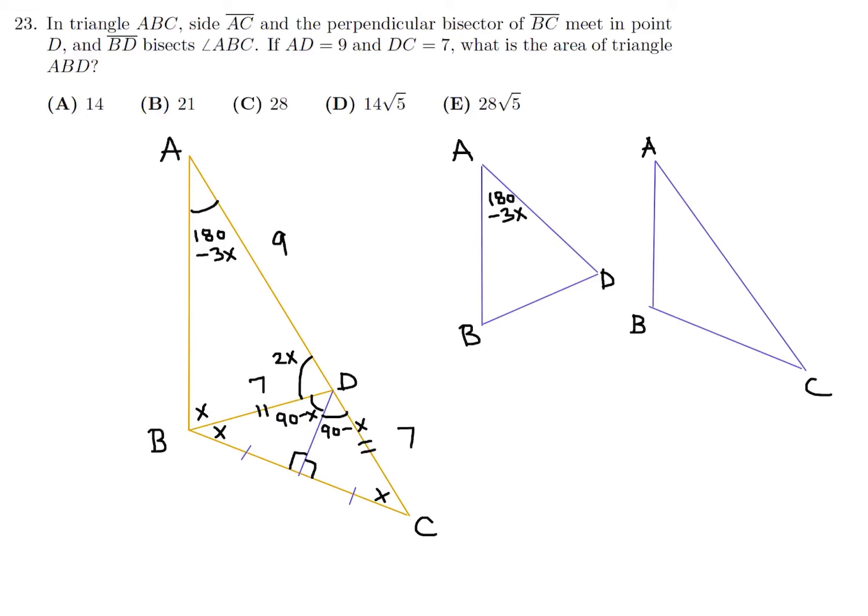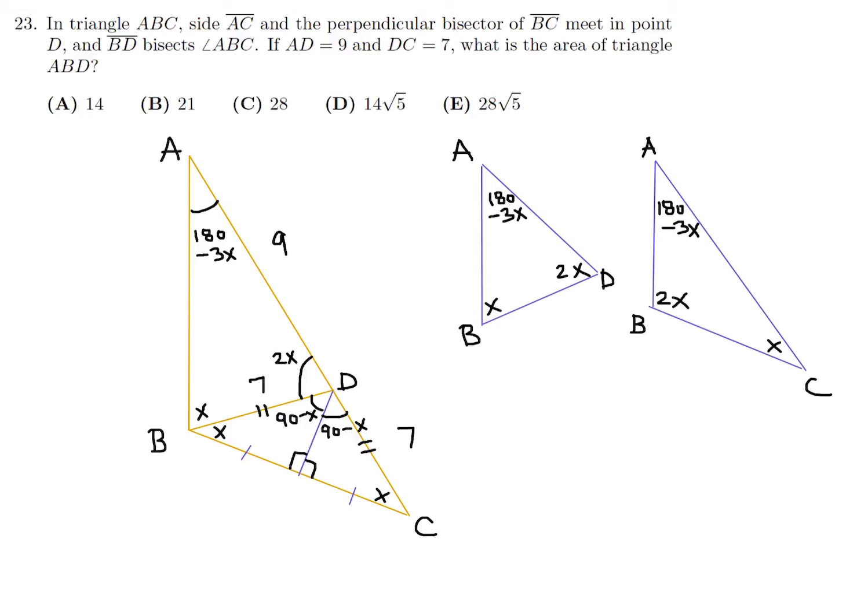This is x right here, and this is 2x. Correct? Just directly from this diagram right here. Nothing new. And then now I'm going to label ABC. This here is 180 minus 3x. Angle B is 2x, and angle C is x.